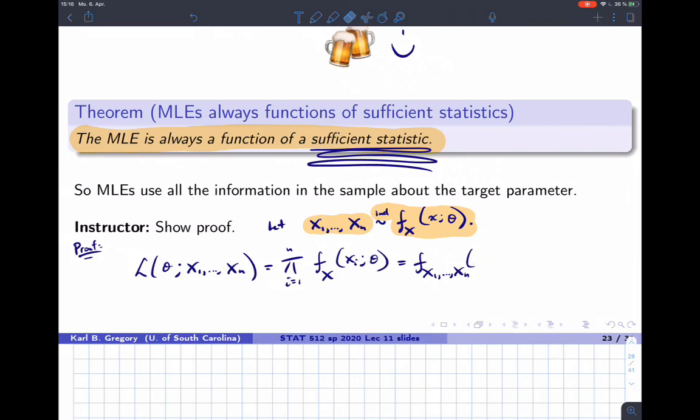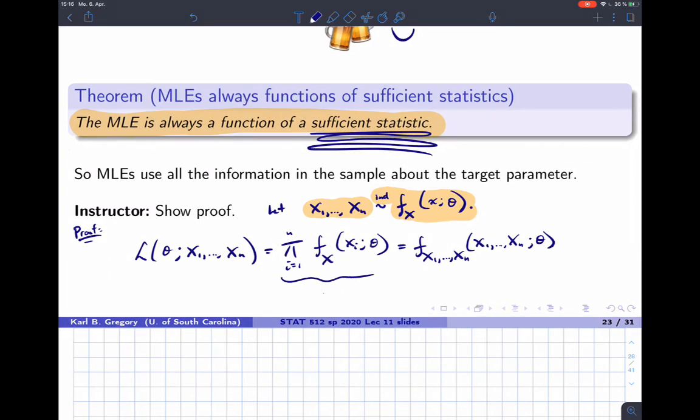I guess it's evaluated at these random values. So it's just the joint density or probability mass function of x1 through xn.